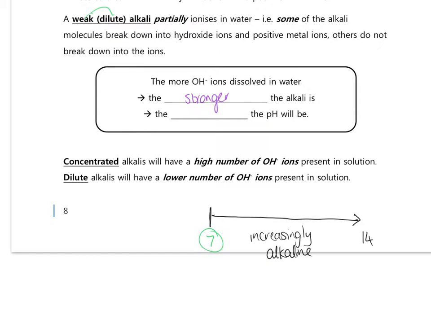So actually in this case, the stronger the alkali is, the higher the pH is going to be. And just as we said with acids, concentrated alkalis are going to have a high number of hydroxide ions in solution. Dilute alkalis are going to have a lower number of hydroxide ions in solution, because not all of the molecules have broken down into the hydroxide ions and the corresponding metal ion.